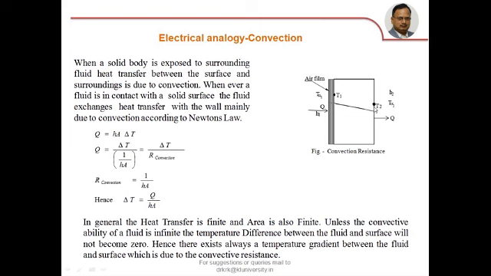T1 is greater than T2. Therefore, through this wall, the heat transfer is by means of conduction. So obviously, because of its limited thermal conductivity, the wall will offer some amount of resistance for heat transfer, and that resistance we have seen as conduction resistance.